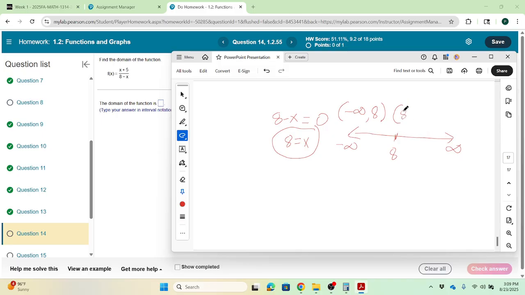So you use the parenthesis at 8 and you go up to positive infinity. These are the two intervals, but you are not allowed to pick 8. So how do you write it? You just have to use the union sign. Anything from the left side of the 8 and anything from the right side of the 8 is allowed to be in the domain. So this is how you write the domain.